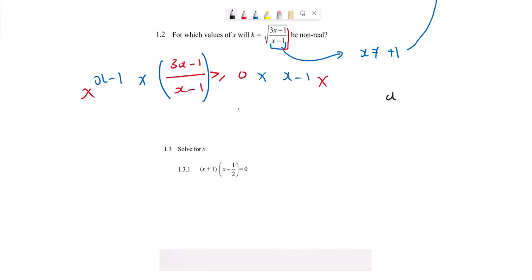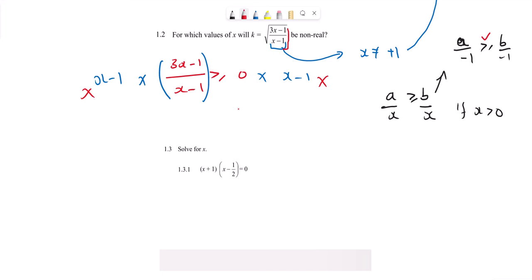If I have a is greater than or equal to b, then I divide by x. If x is positive, this will remain true. But if x is negative, maybe x is minus 1, if we divide by a negative, what should happen to the sign?